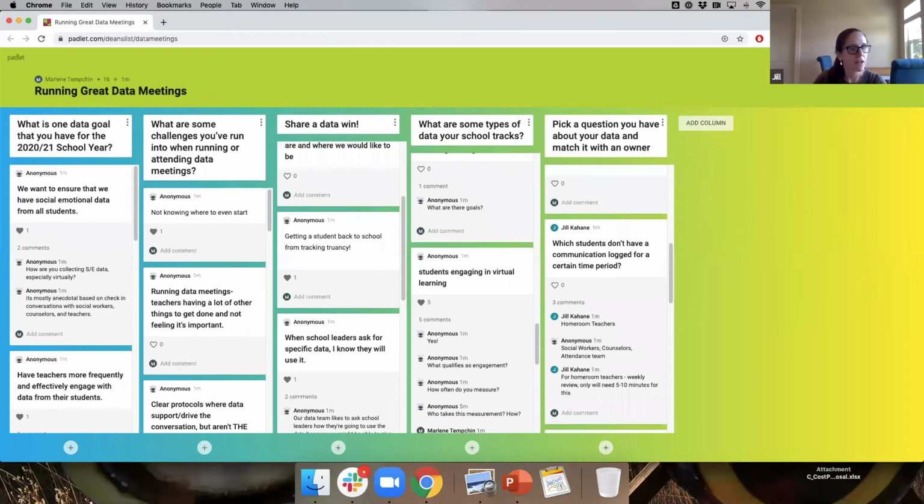Cool. So I'm seeing a comment for weekly on attendance review with the social worker and data manager for something that's super important. It seems like weekly touch points are a great idea.